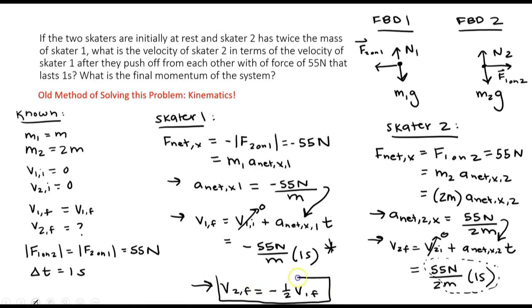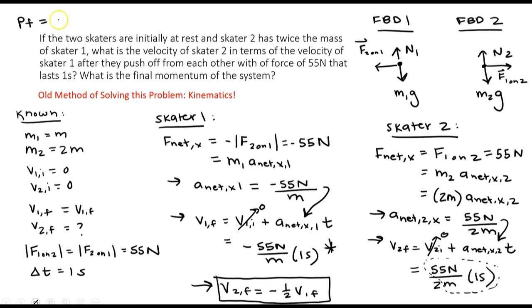Okay, so that was a lot of work. Wait until we see how to do it with conservation of momentum. It's so much easier. The last question here is, what is the final momentum of the system? I'm going to do it up top. Sorry, it's kind of messy. P final of the system is going to be equal to the momentum of each object inside the system. Here the two objects in our system are our two skaters.